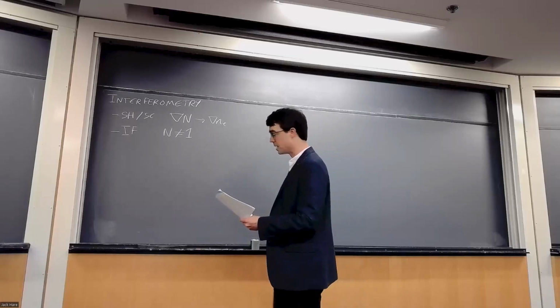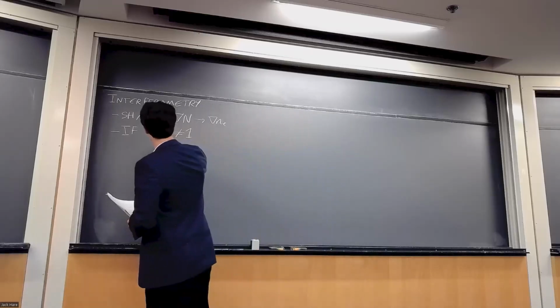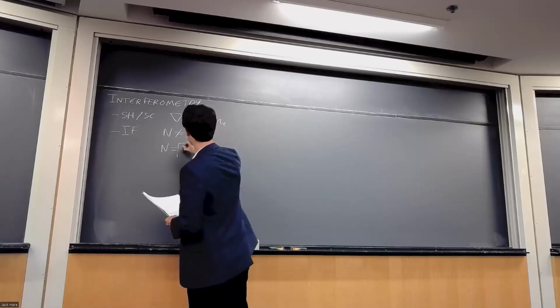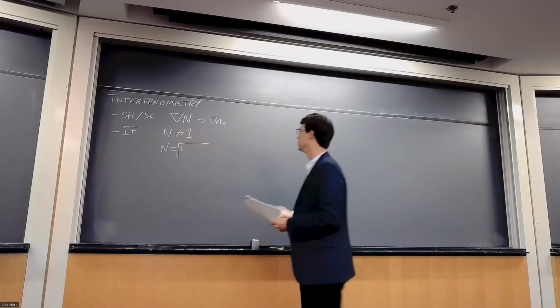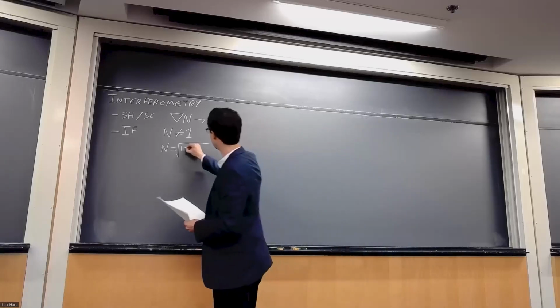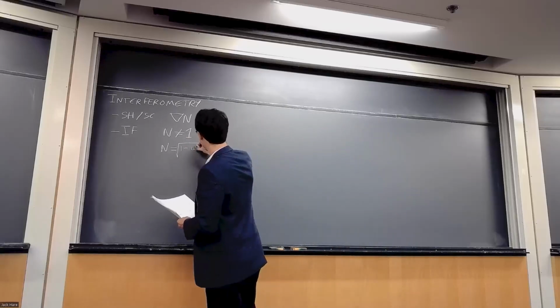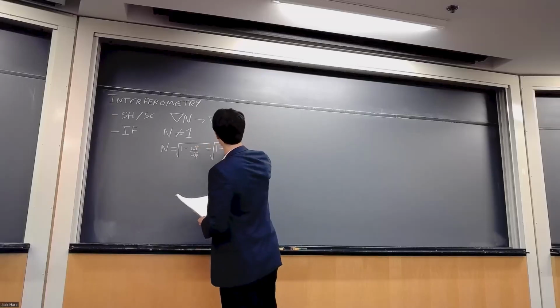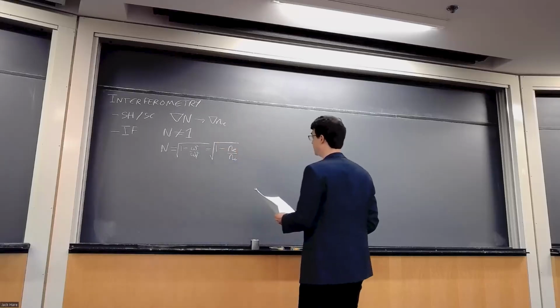So with interferometry, we're looking at this refractive index capital N again, which, as we've written a couple of times, in a cold, high frequency unmagnetized plasma looks like 1 minus omega p squared over omega squared. And then we wrote that as the square root of 1 minus the density over the critical density.